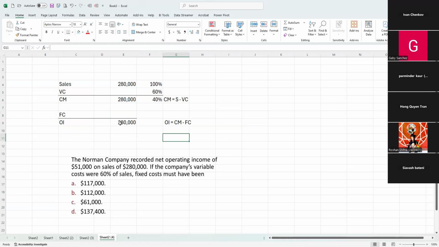So what else do I know? My operating income is 51,000. Now the question is, how much should be my fixed cost? Before I go to the fixed cost, how much is my variable cost? 168,000. 60% of the sales, right?